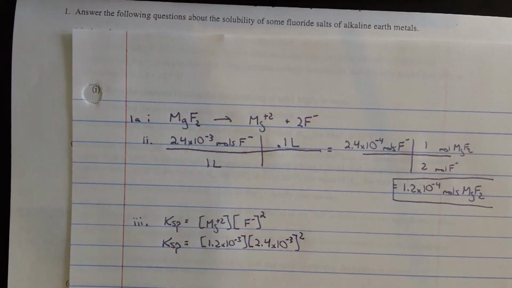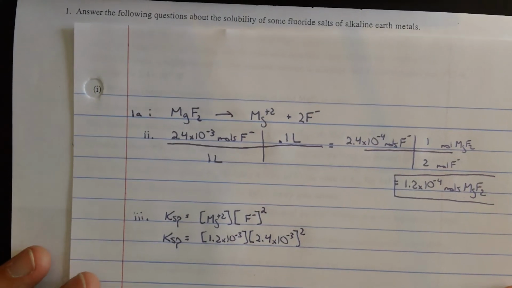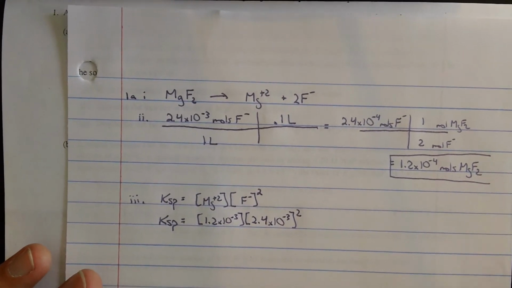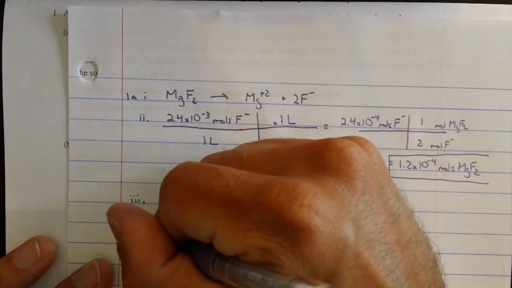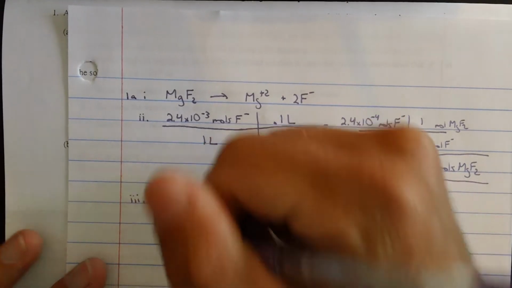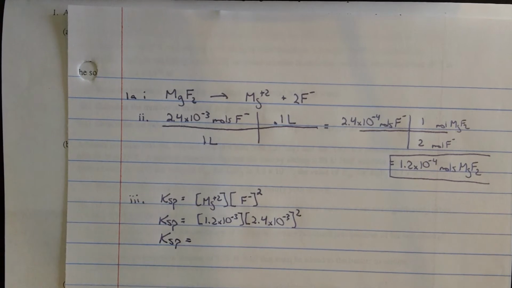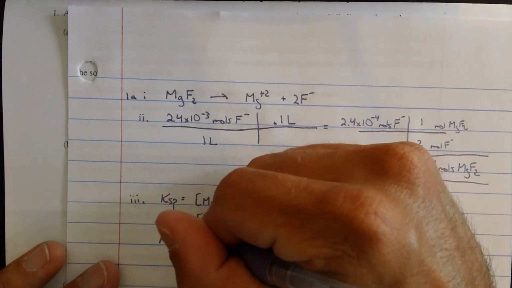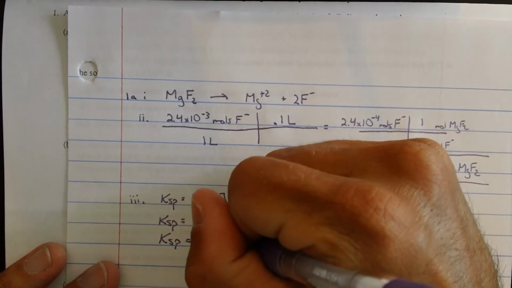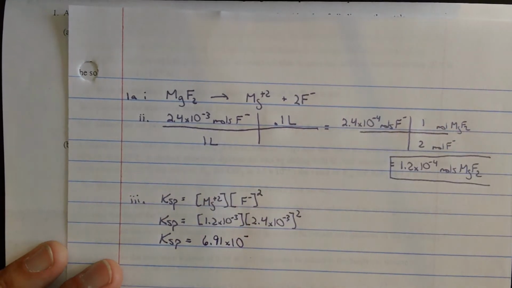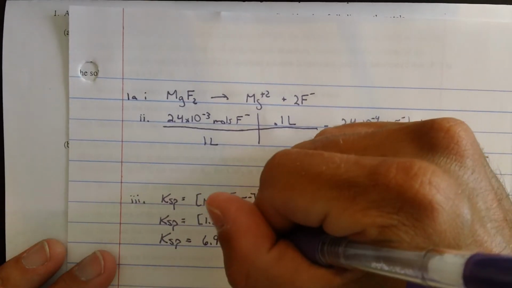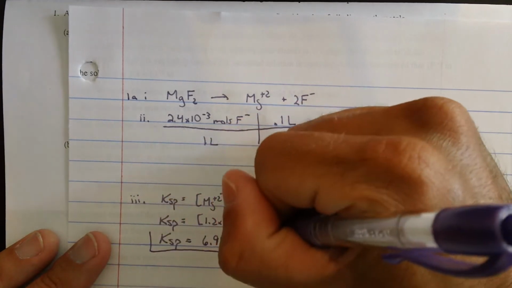Don't forget to square it. It's just keeping track of a few numbers there. And then we can solve for our KSP value there. We plug that guy in the calculator, and the KSP is 6.91 times 10 to the negative 9th, I believe. There's part 3.